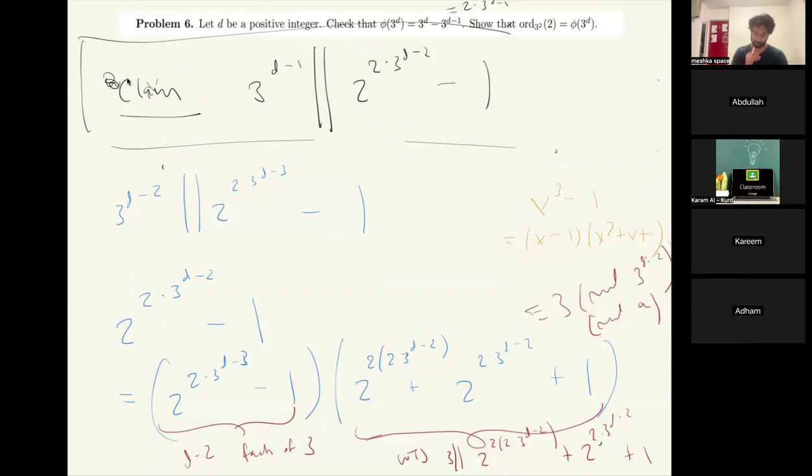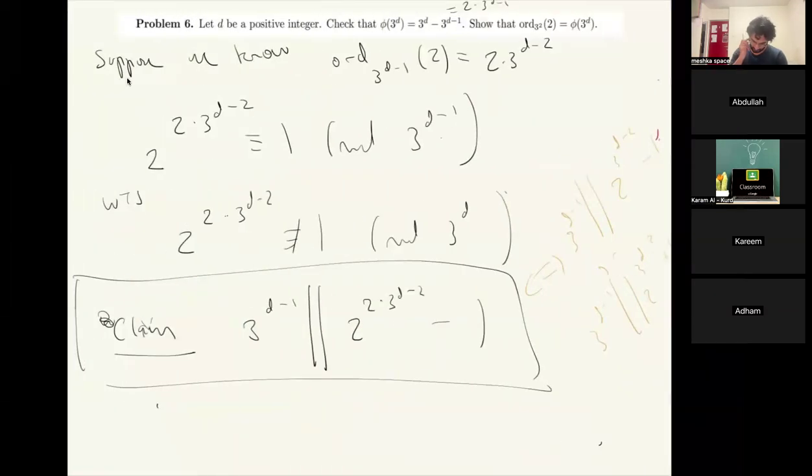Yes. Okay, so that's the claim, and once we know the claim, you can prove this statement by induction. Maybe I'll leave it there.